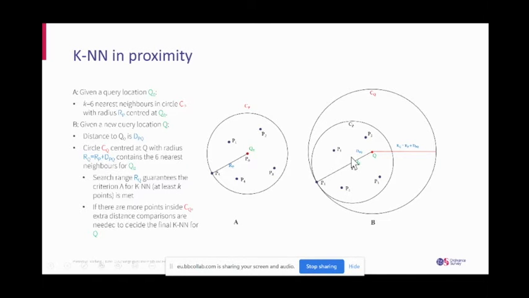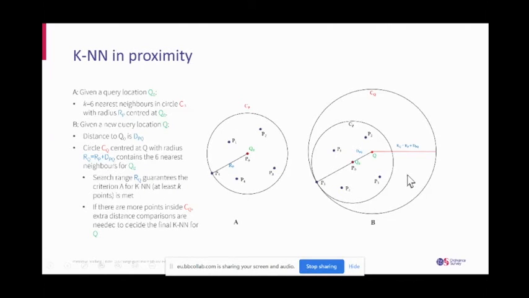The observation we can make is that the circle CQ, centered at Q with a radius RQ equal to RP plus DPQ, will contain all the new 6 nearest neighbors for Q. Therefore, if you use this RQ as a search range, it will guarantee the first criterion for the k nearest neighbor will be met.